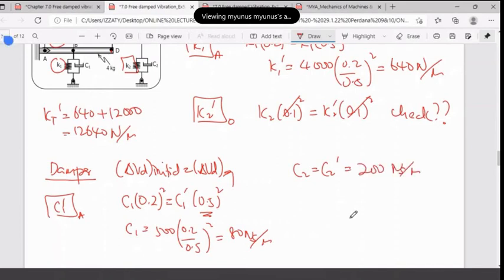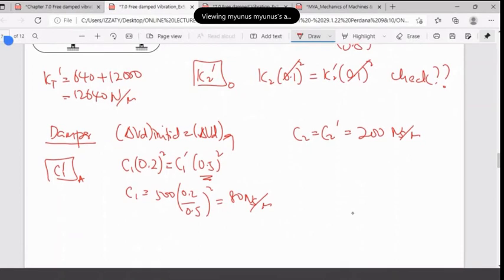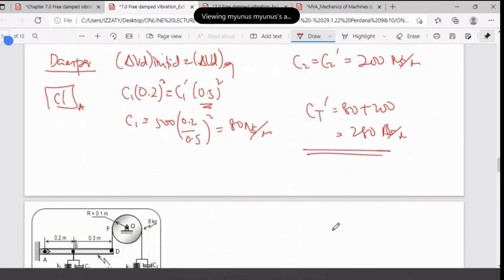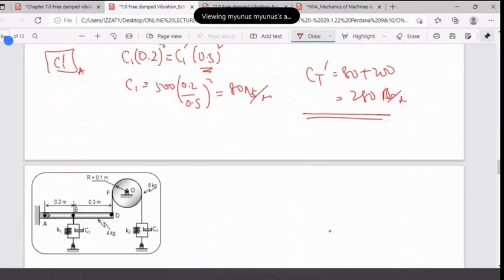Then you add them together as a normal addition. We have CT prime equal to 80 plus 200. You'll get 280 Newton second per meter. As you do this, the next thing is very easy: you calculate whatever parameter they ask for in the equation. Typically, for example, they're looking for omega n equal to square root of KT by MT prime.